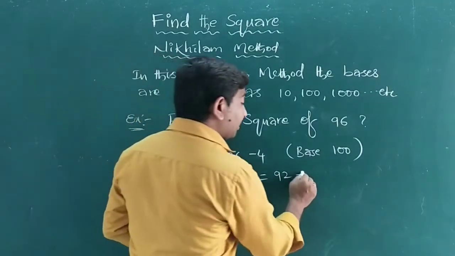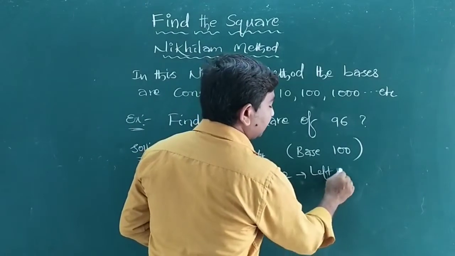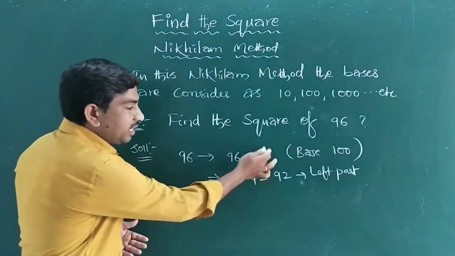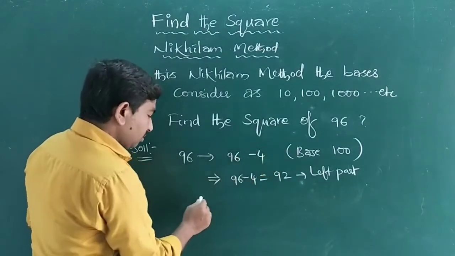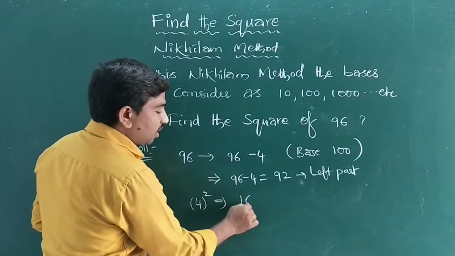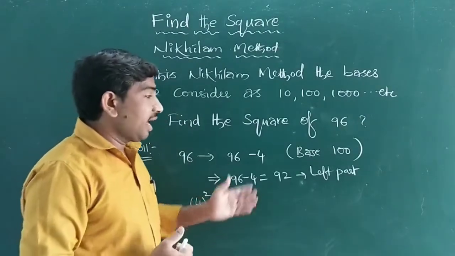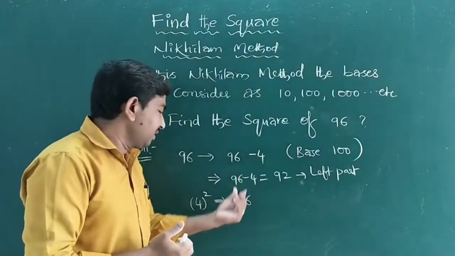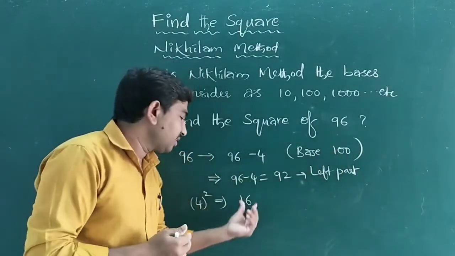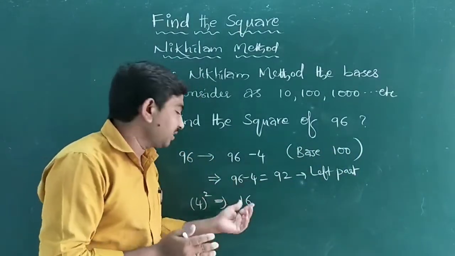This is the left part of the answer. And now what is the deficit here? The deficit is 4 here. So now we can write it as 4 square. 4 square is equal to what? 16. As per our base 100, how many zeros are there? 2 zeros. For that, the right part of the answer must also contain 2 digits.